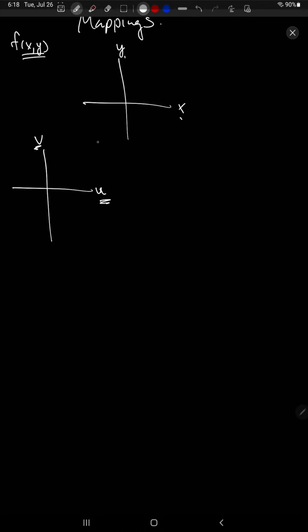Another point of view is just a purely functional or mapping point of view. This is a copy of R2, the plane. This is a different copy of R2. So we're going to create a function, usually called a mapping, because with a function we usually think you have an input and the output is a number.